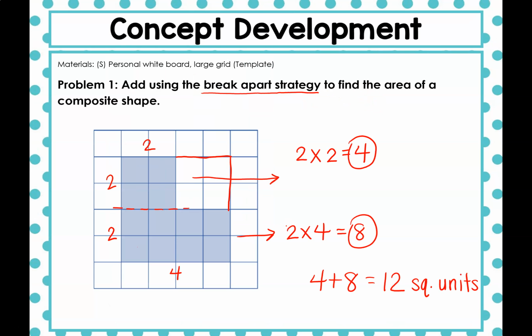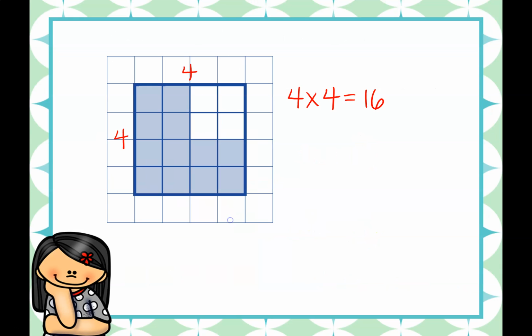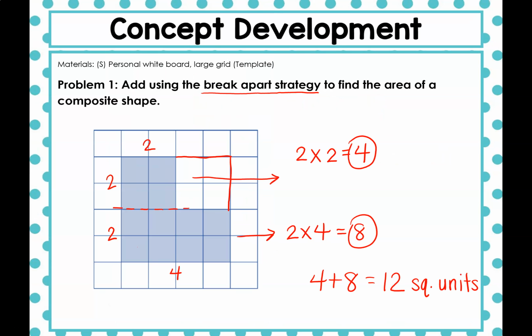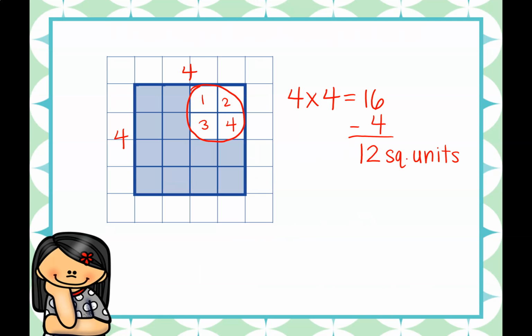Well, that's not the answer we found for this problem, but we also need to take away this part here. There's 1, 2, 3, 4 boxes, so we take 16 minus 4 to get 12 square units. So really that was just another way that you could have found the area. You could have done it this way or that way, but it was the same shape.